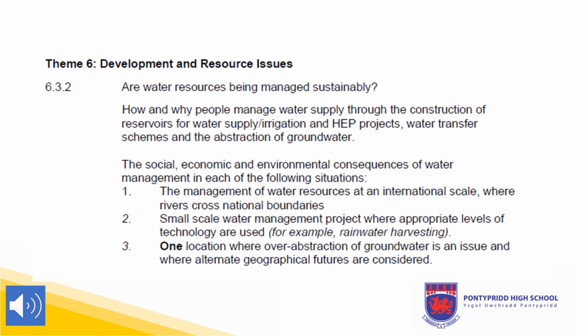And finally, Theme 6, Development and Resource Issues, 6.3.2, about water resource management, will not be on the exam either. So those are all the things that have been removed from assessment or from the examination in 2021. So I won't be teaching those or revising over those again. So it lightens the load a little bit for the pupils when they come to the exam in terms of content.